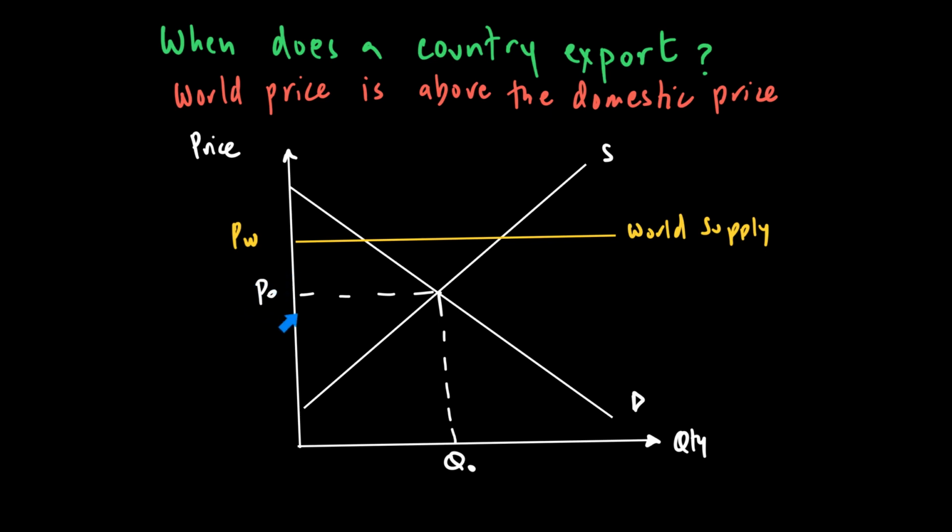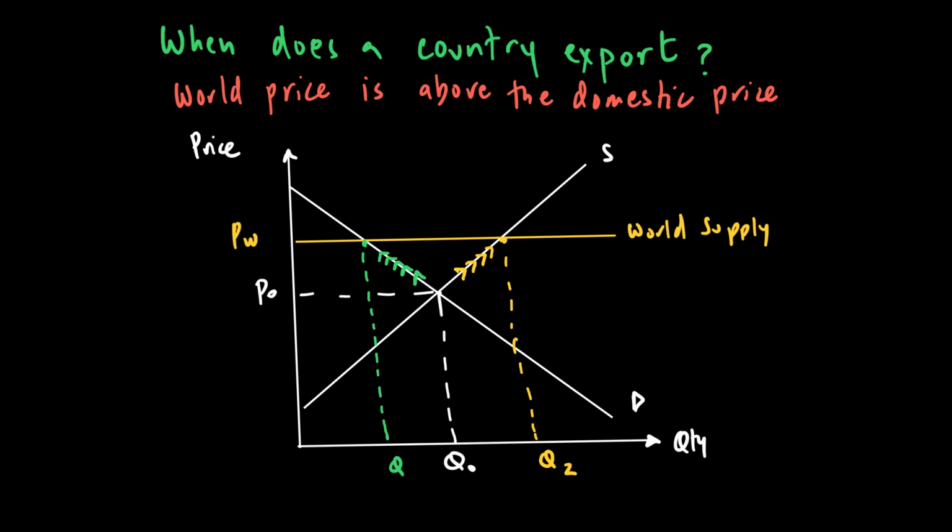So domestic producers realize that if the world is offering them a better price, first of all, they will produce more, because they can now sell this good in the foreign market for a better price. Similarly, if producers are now trying to match the PW price, they will try to sell at PW, which means domestic consumers will not be able to afford the good.